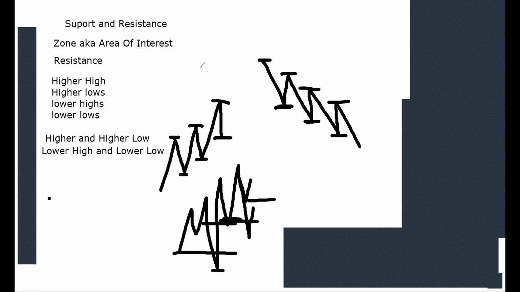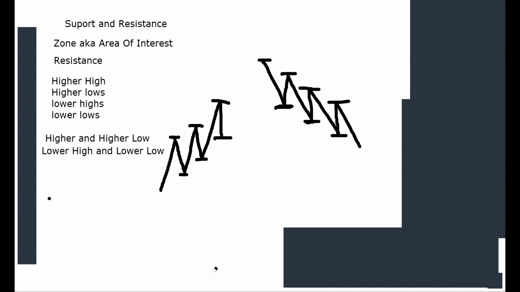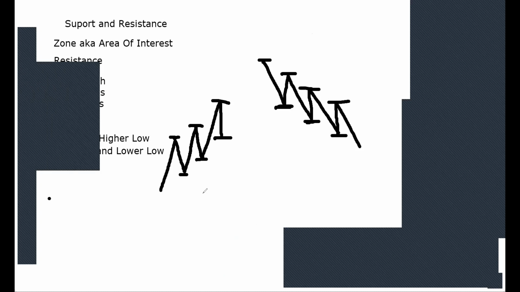And the same thing with the sell, the opposite way, when you need to have lower highs with lower lows when you're doing a sell. Let's give an example. So let's say, for instance, you're doing a sell, right? And let's say the market is doing this.